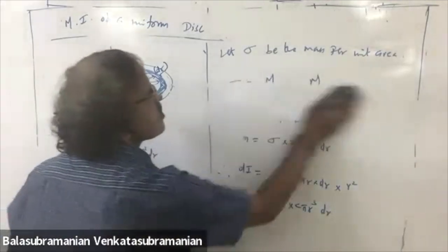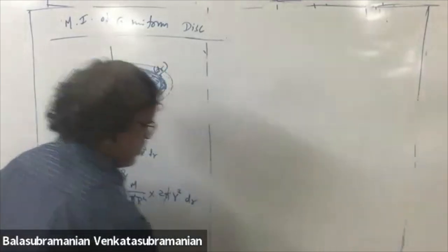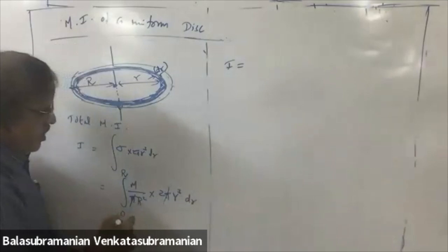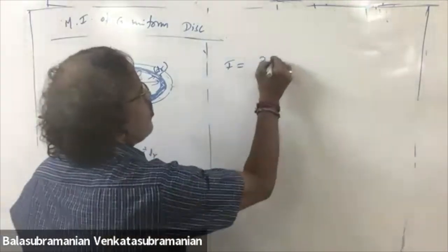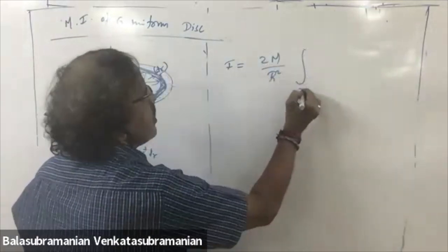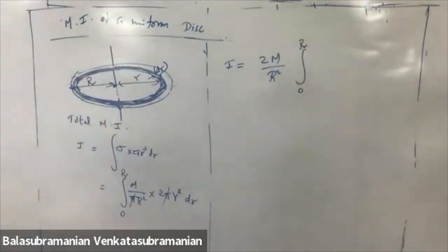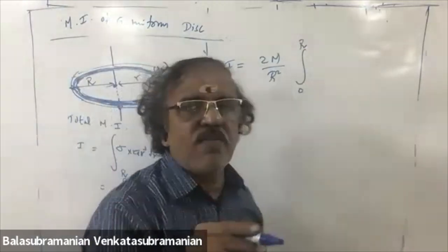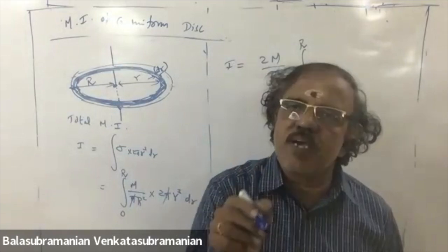So I can write I is equal to 2M by R square, take it out, integral 0 to R of r cube dr. What is the formula? Integral x power n dx, we wrote x power n plus 1 by n plus 1.